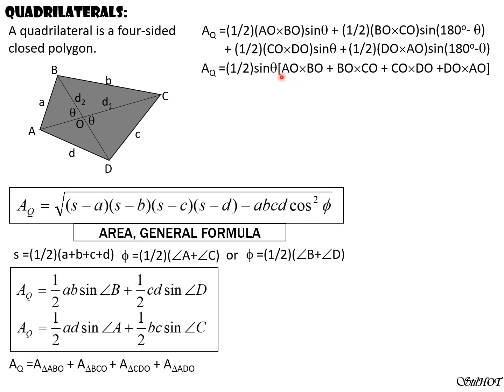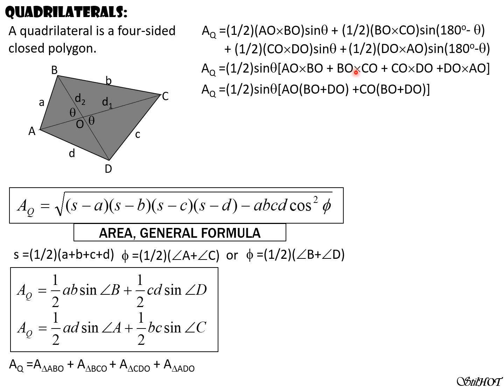So 1/2 sine theta, if we have a common factor here, like AO in the first and last terms, and for the second and third terms the common factor is CO. So if we factor out AO, then we have AO times BO plus DO. Then for the middle terms, factor out CO, then we have BO plus DO also. So the area of the quadrilateral is 1/2 sine theta, quantity AO times quantity BO plus DO.